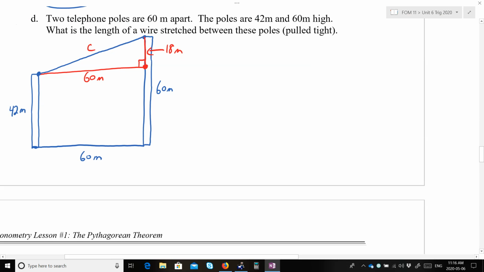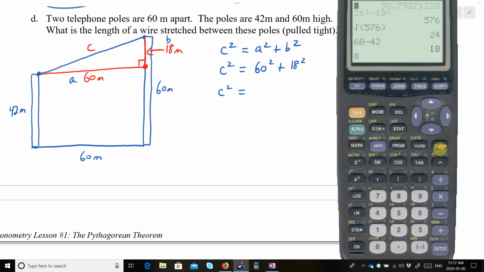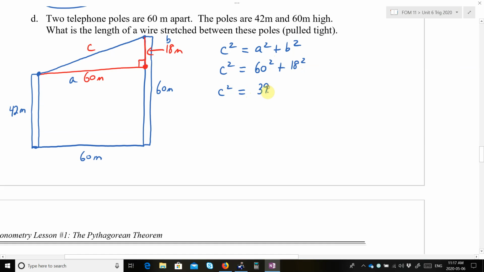Okay, so to get the length of the wire, we would go C squared equals A squared plus B squared. So this is A and this is B. 60 squared plus 18 squared. And we get 3924.